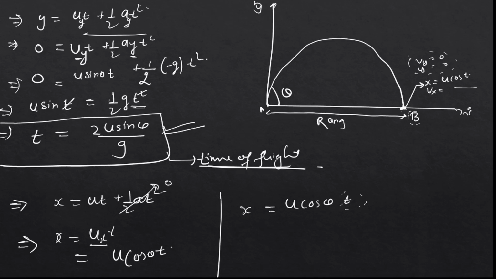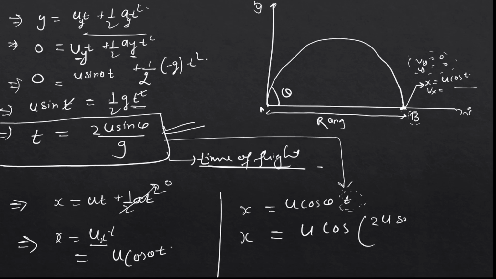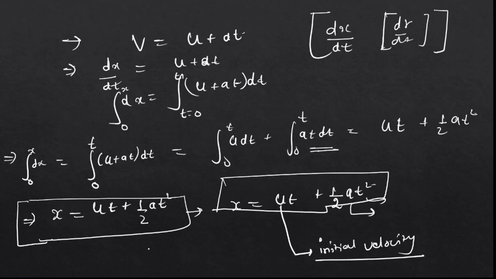T is the time of flight. Why? Because reaching this point B, it has taken this much time, which we have just determined was the time of flight. So we need to put the value of this time of flight in this equation. This will be u cos theta and 2u sin theta upon g, right? Just simplify this.